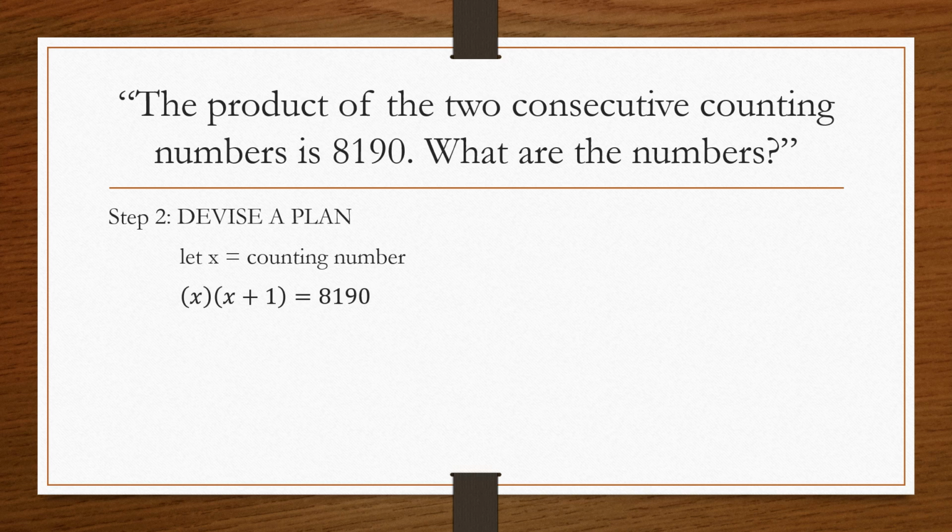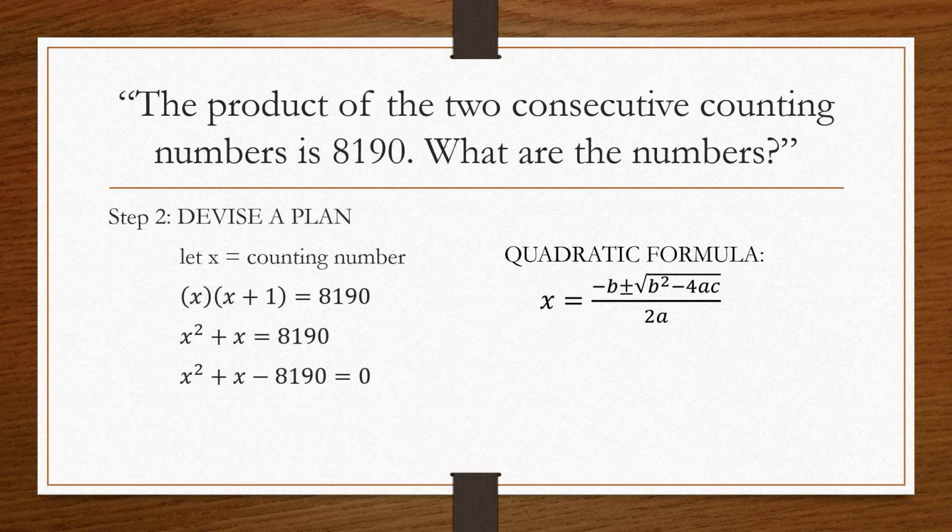So we have x times x plus 1 equals 8,190. Applying the distributive property, x squared plus x equals 8,190. And to simplify, we have x squared plus x minus 8,190 equals 0.